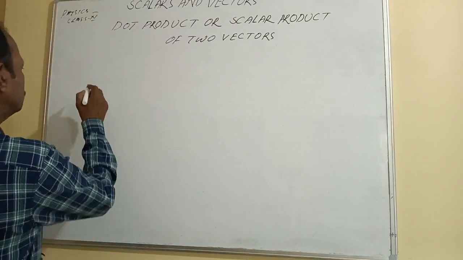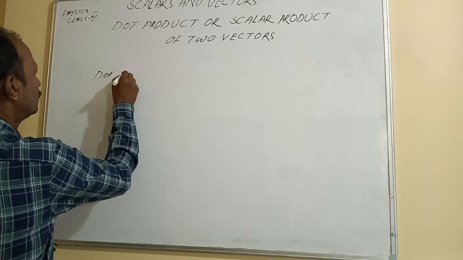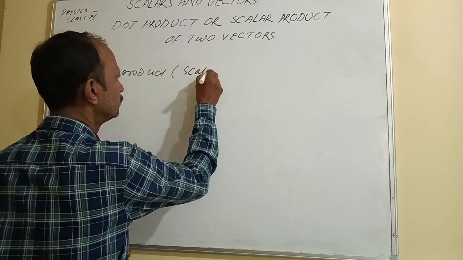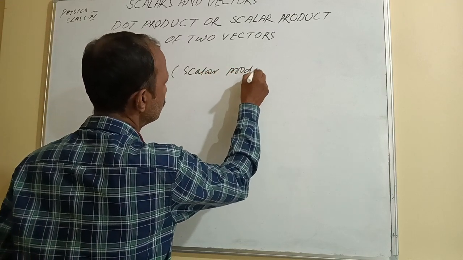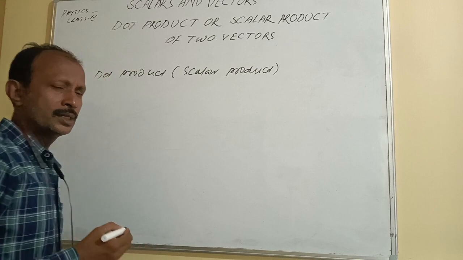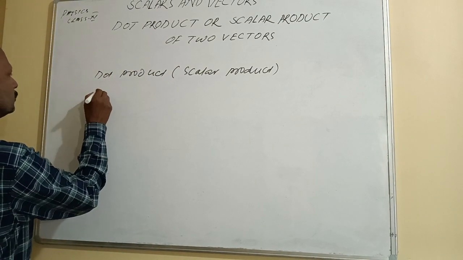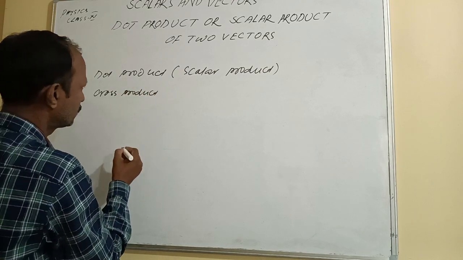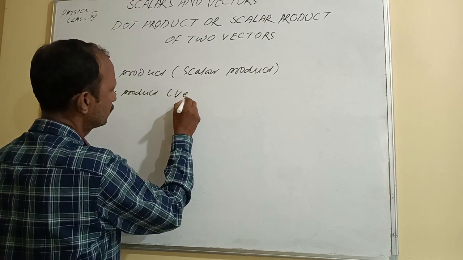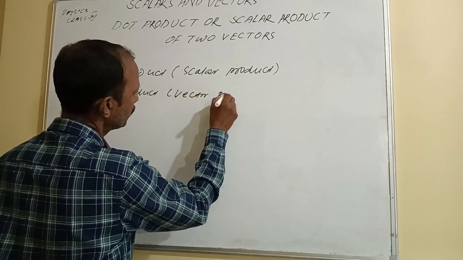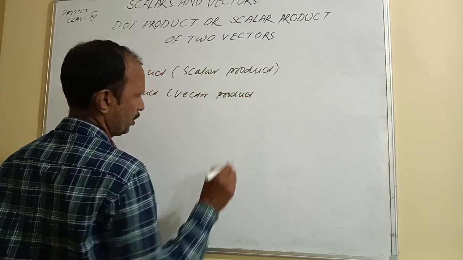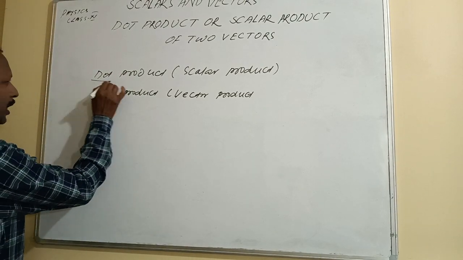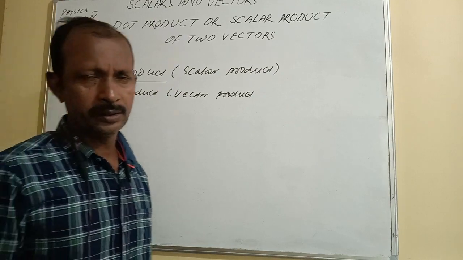One is the dot product, or it is called scalar product. Second one is the cross product, or we say it vector product. So today in this video, I shall explain regarding the dot product.